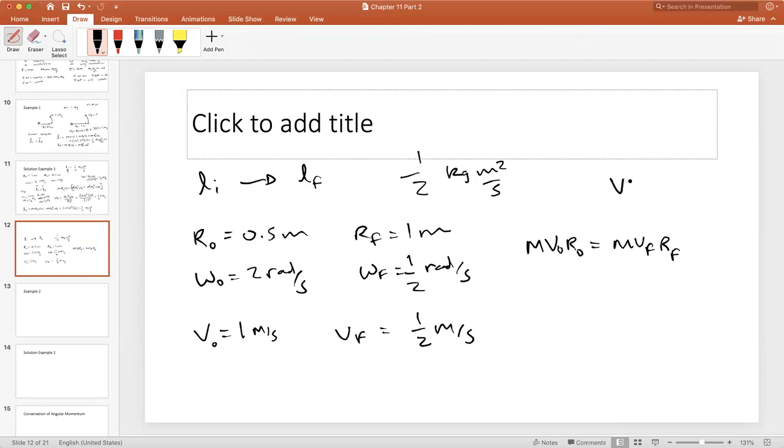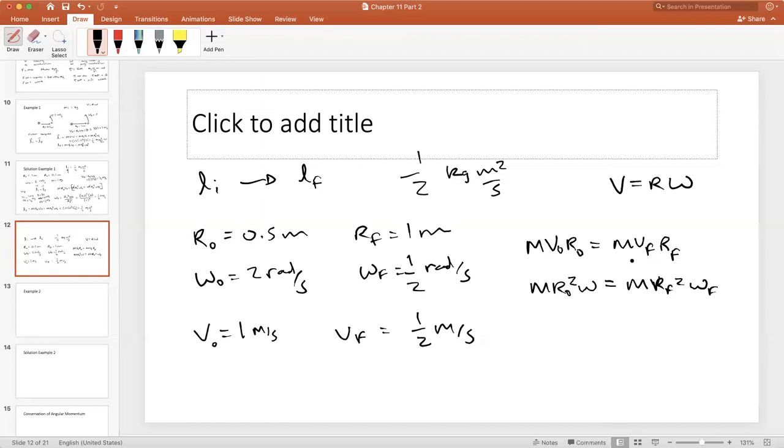And because V is equal to R omega, so we can see here that as R increases, V and omega both have to decrease. In fact, omega has to decrease more than V because R is squared. So just keep that in mind.